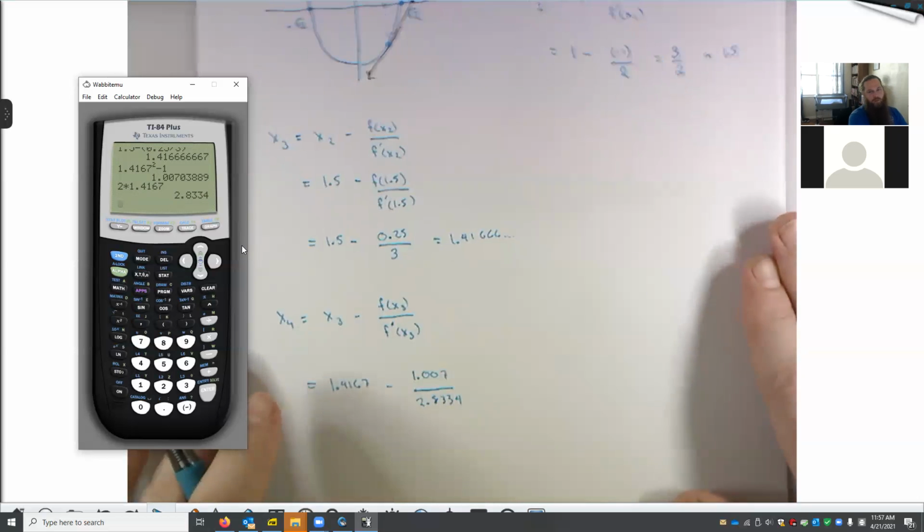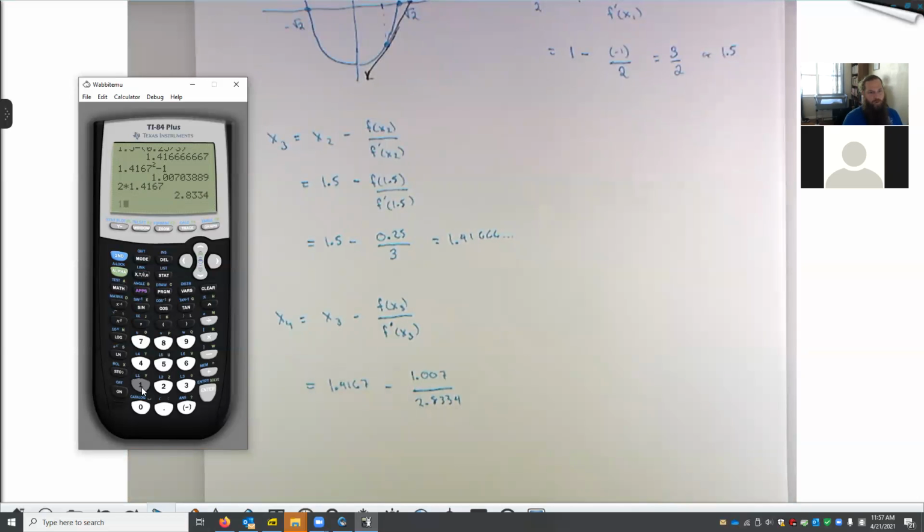And now I compute this number. So I've got 1.4167 minus paren 1.007 divided by 2.8334.